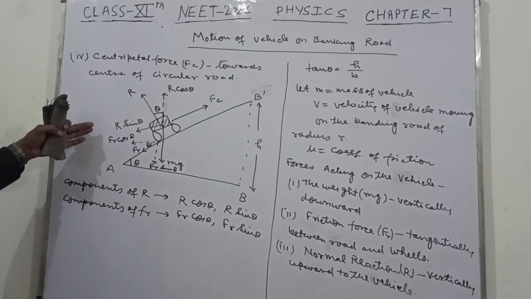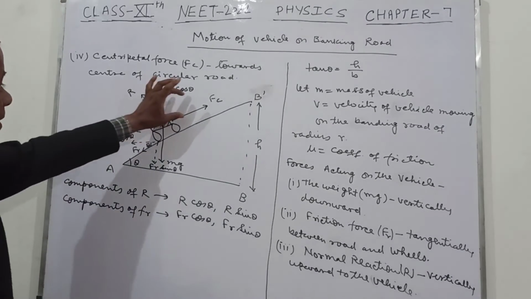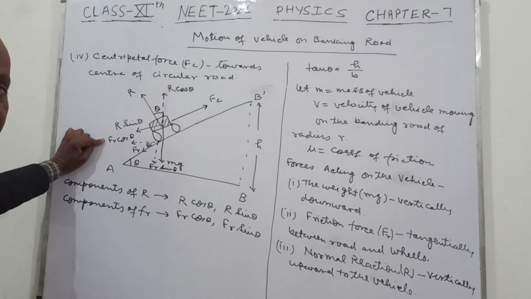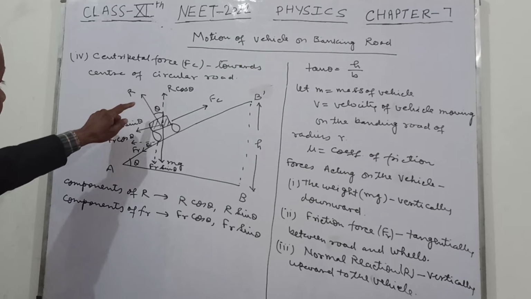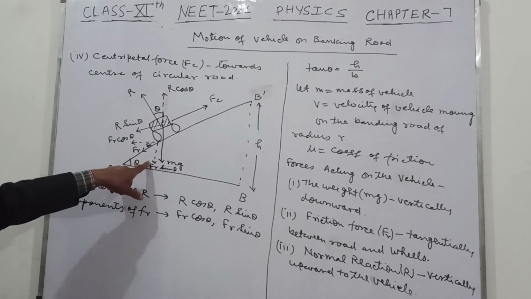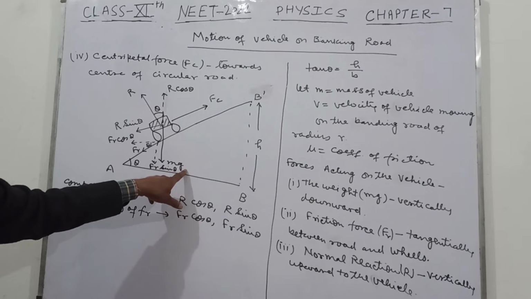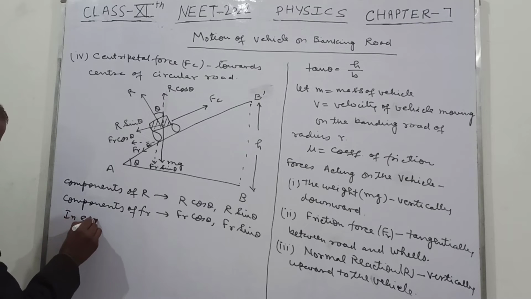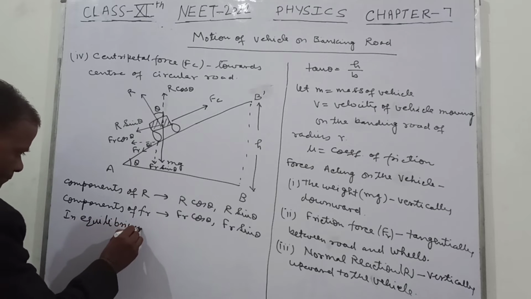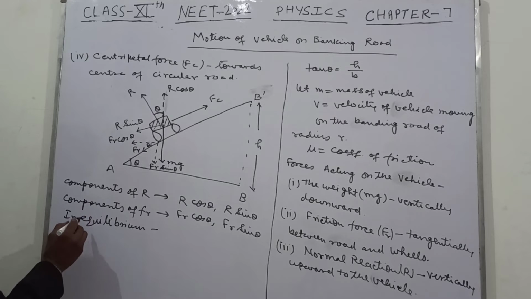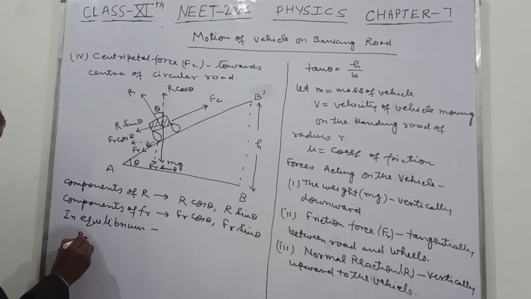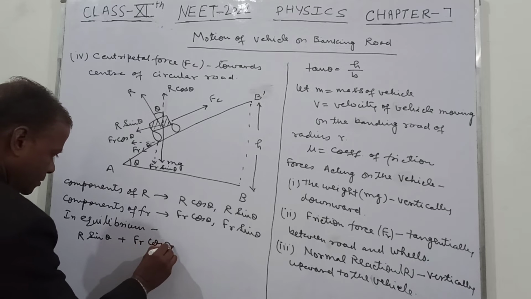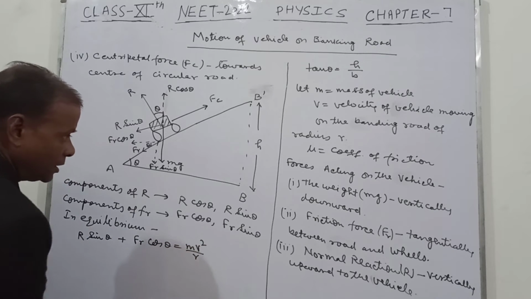So now what we have? In equilibrium, these forces balance each other. It means that the centripetal force will be provided by both the frictional force and the normal reaction. The resultant of R cos theta and Fr sin theta will give you the weight. So the equations of motion of this vehicle: R sin theta plus Fr cos theta is equal to mv square upon r, this is your Fc.